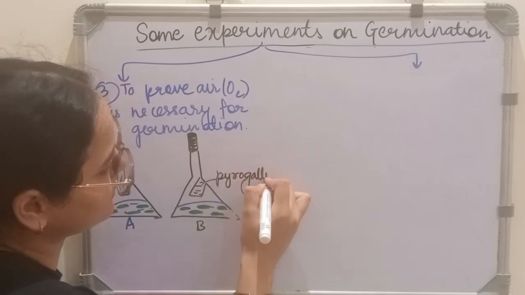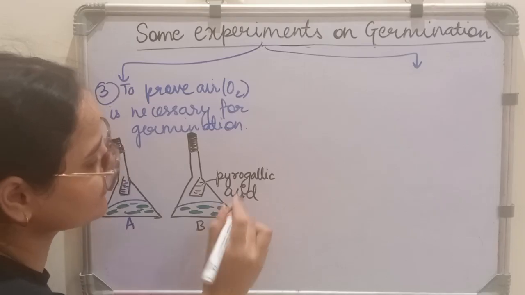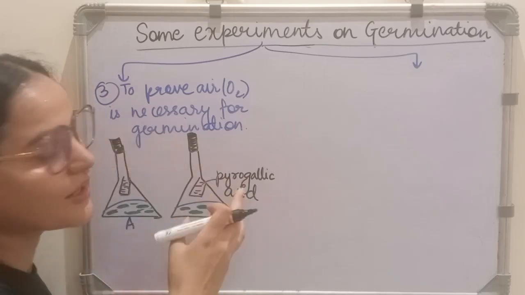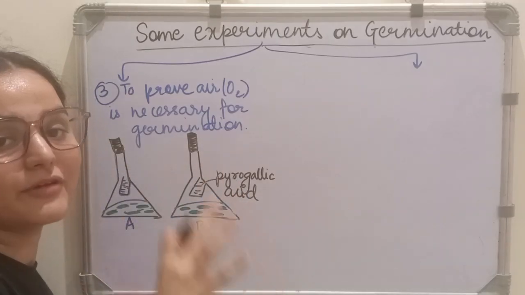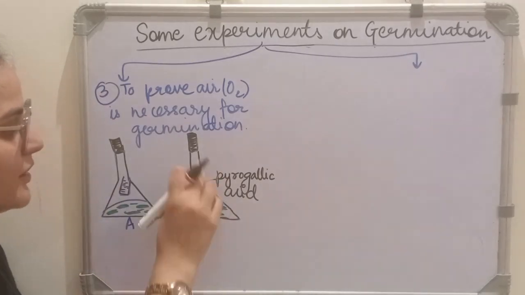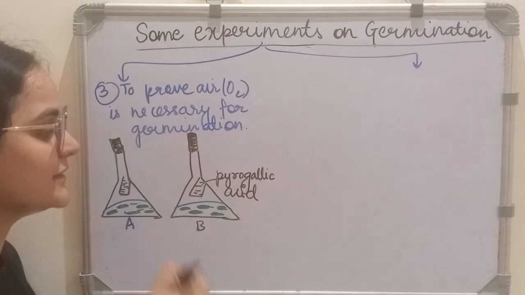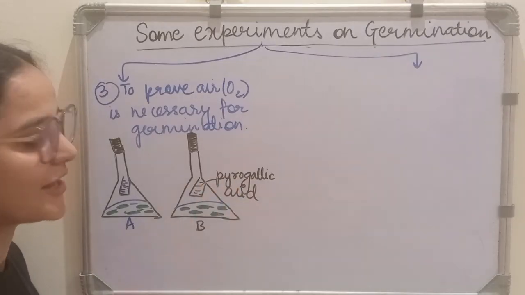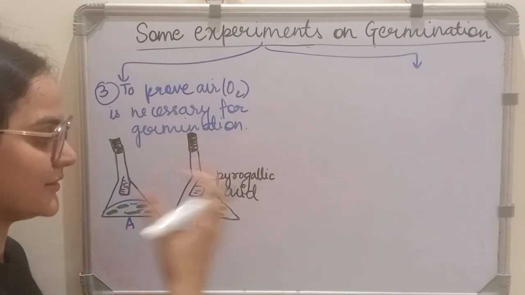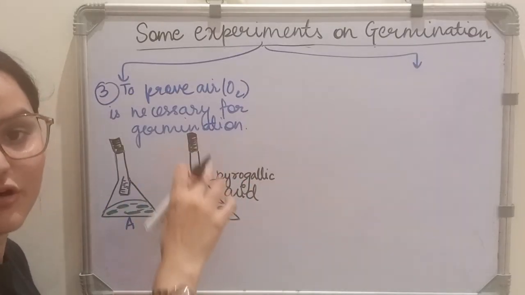This pyrogallic acid, its function is to absorb whatever oxygen is present in that medium. So whatever oxygen will be present in this conical flask, that oxygen will be absorbed by this pyrogallic acid, and therefore oxygen will be absent in B conical flask.